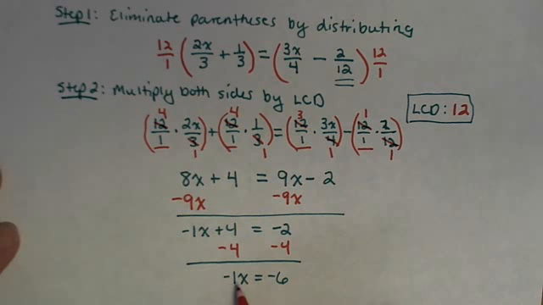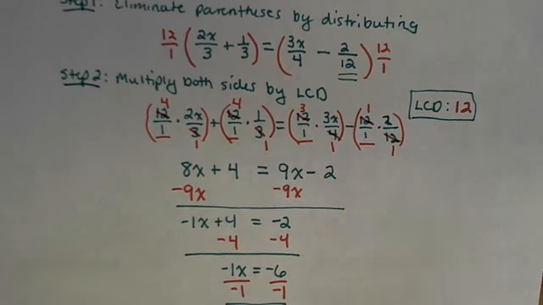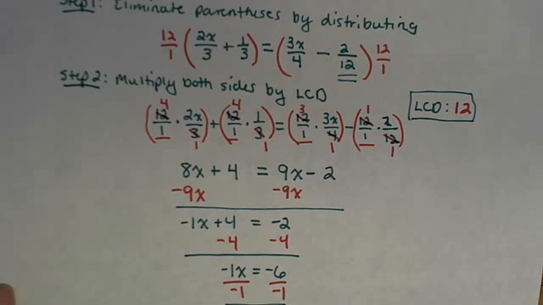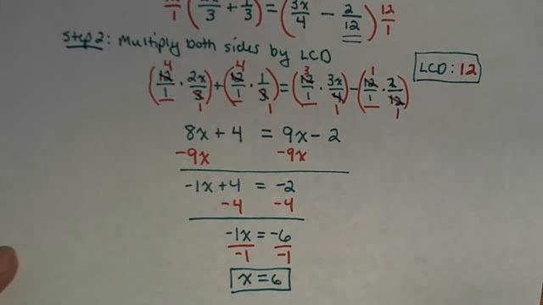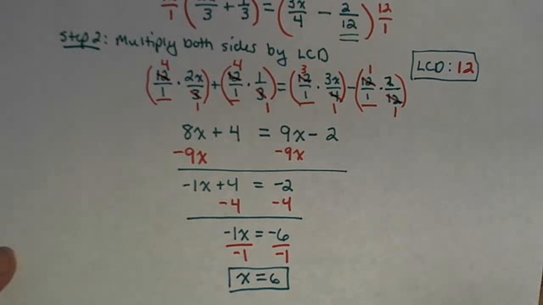But remember, we don't want to know what negative 1x equals. We want to know what x equals. So I take it one step further, divide both sides by negative 1, and x is equal to 6. And there is the solution to that particular problem.